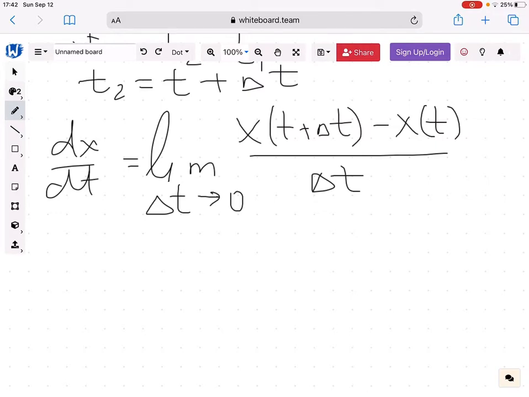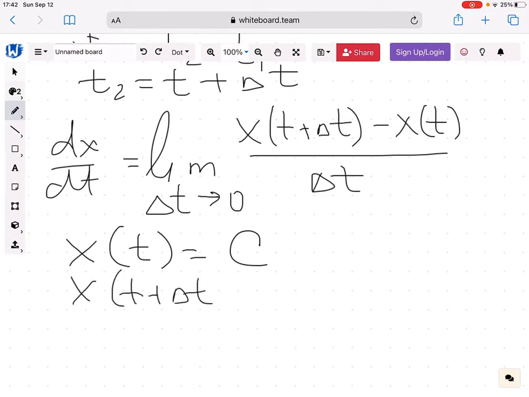The first simple function we want to talk about is a constant. So let's assume that x of t is a constant. It doesn't matter what this constant is, we're just going to call it constant c. Well, since x doesn't change with t, x of t plus delta t is also going to be c.